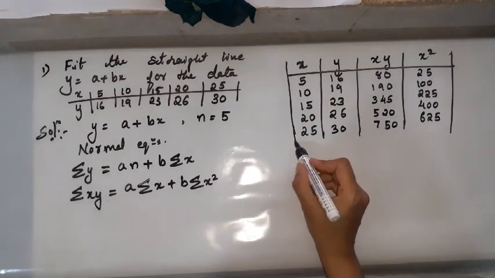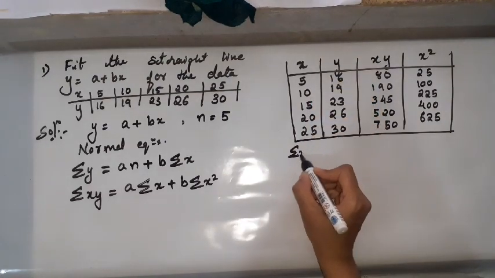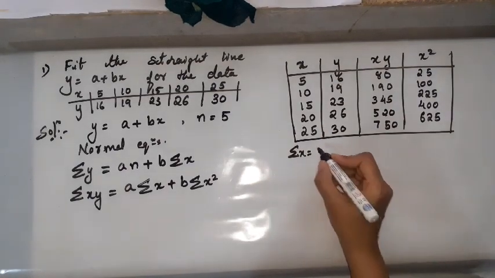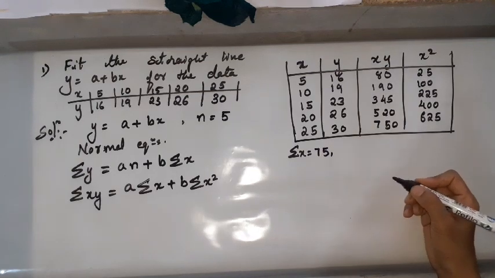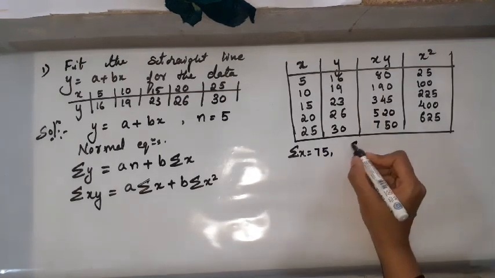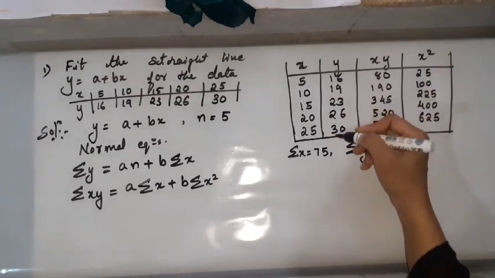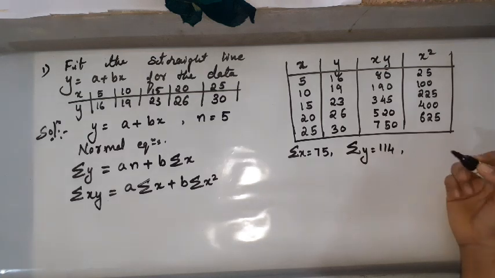Now all you need is the addition of all this, that is summation of x. Add all the values in the column of x. So summation of x, you get it as 75. See it in your calculator, all of you. Verify it. Take your calculator and work. Summation y will be, add all the values from the column of y. You get summation y to be 114.